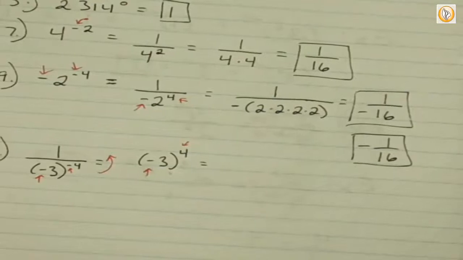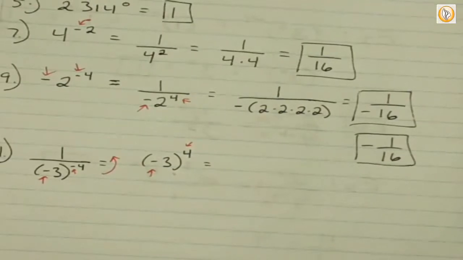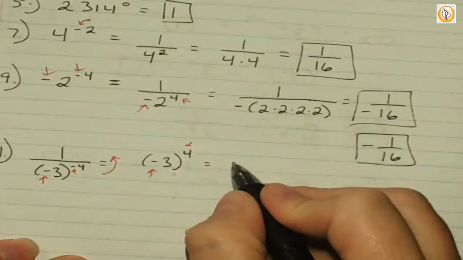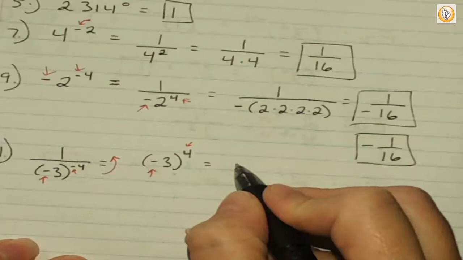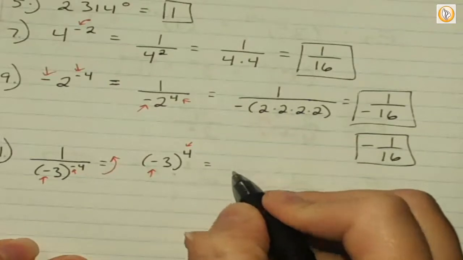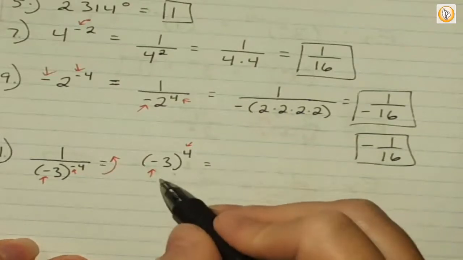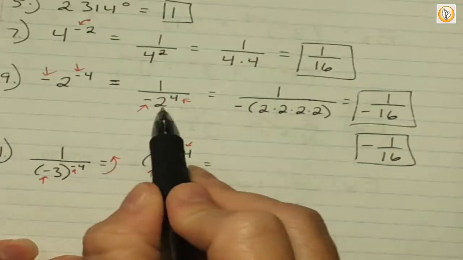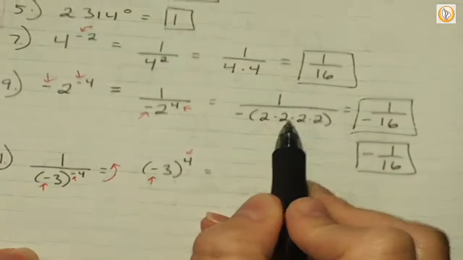Now, how do I write that in expanded form and solve? You would put a negative on the outside of the parentheses and then 3 times 3. Are you sure? Look, this is Taylor's. No parentheses, and it was written like this. Oh, well.